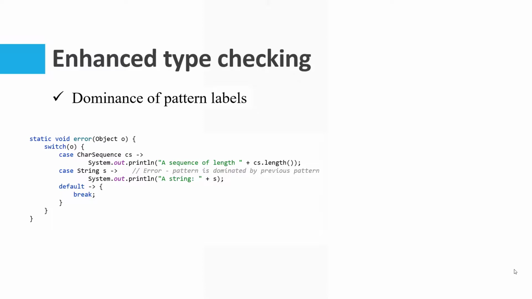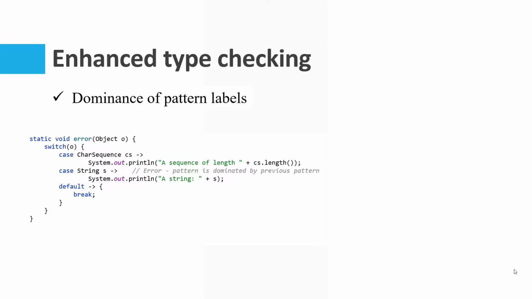The first pattern label, case CharSequence cs, dominates the second pattern label, case String s, because every value that matches the pattern String s also matches the pattern CharSequence cs, but not vice versa. This is because the type of the second pattern, String, is a subtype of the type of the first pattern, CharSequence.